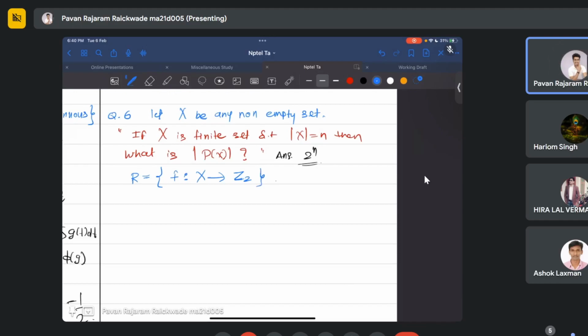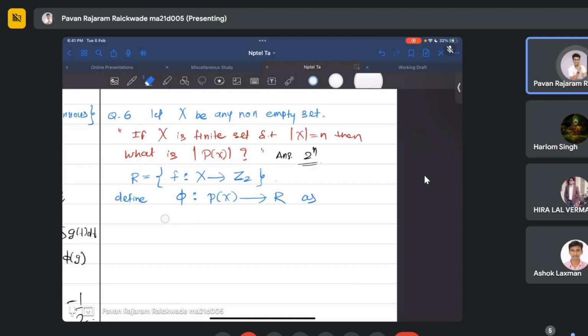Then you define a mapping phi from the power set of X to this ring R as phi of any element A, where A is a subset of X, is defined. Okay. How is it defined?